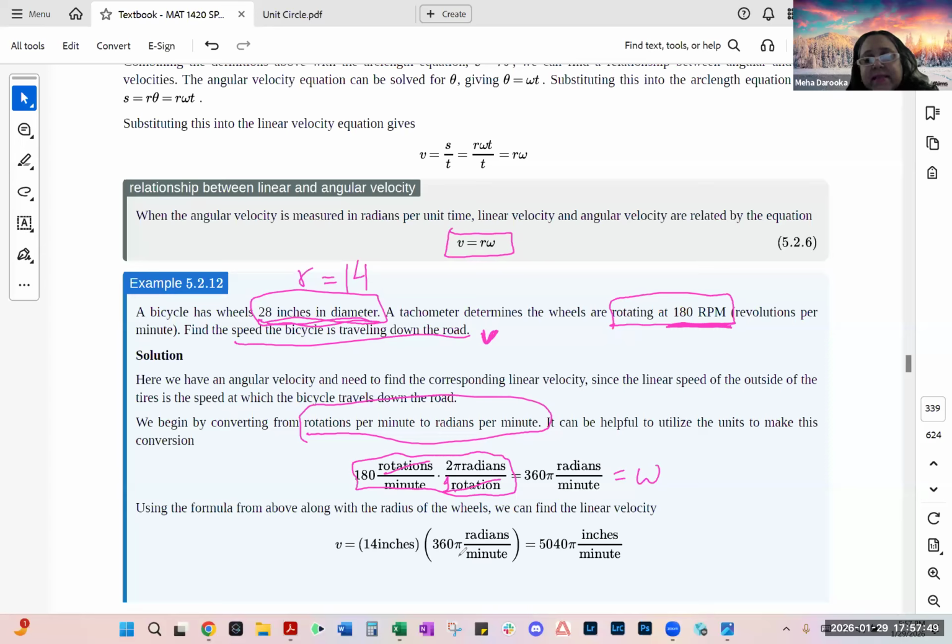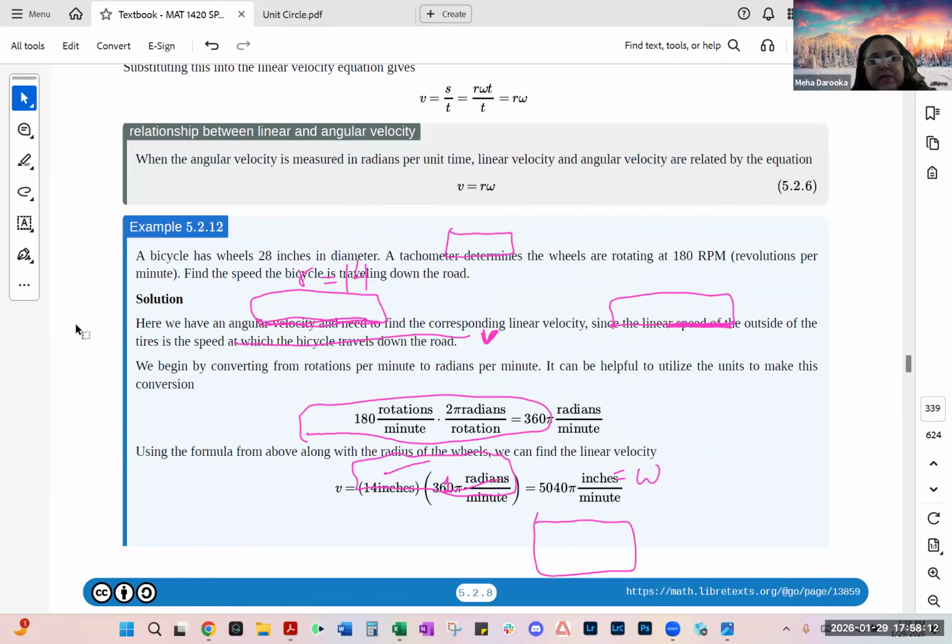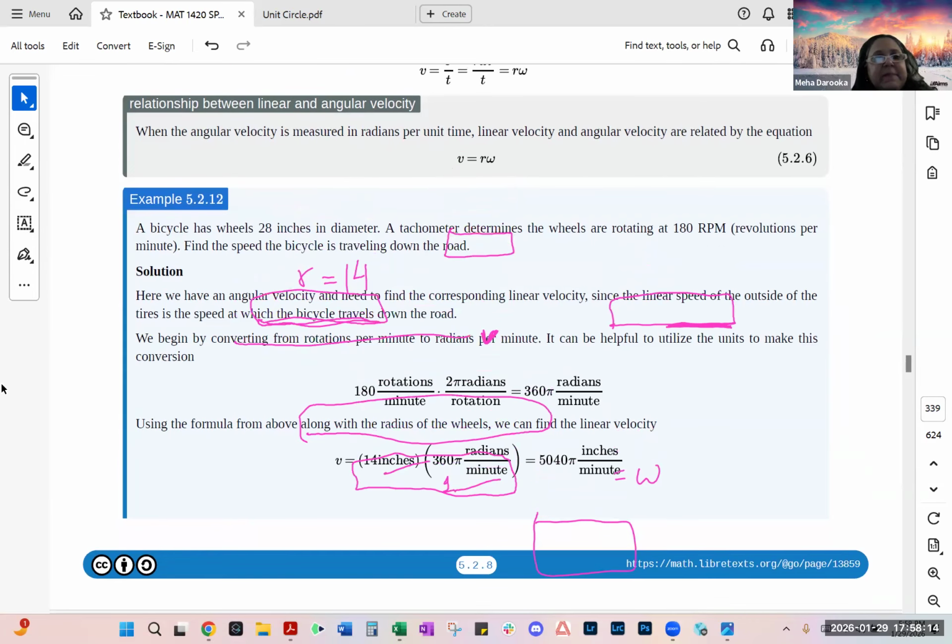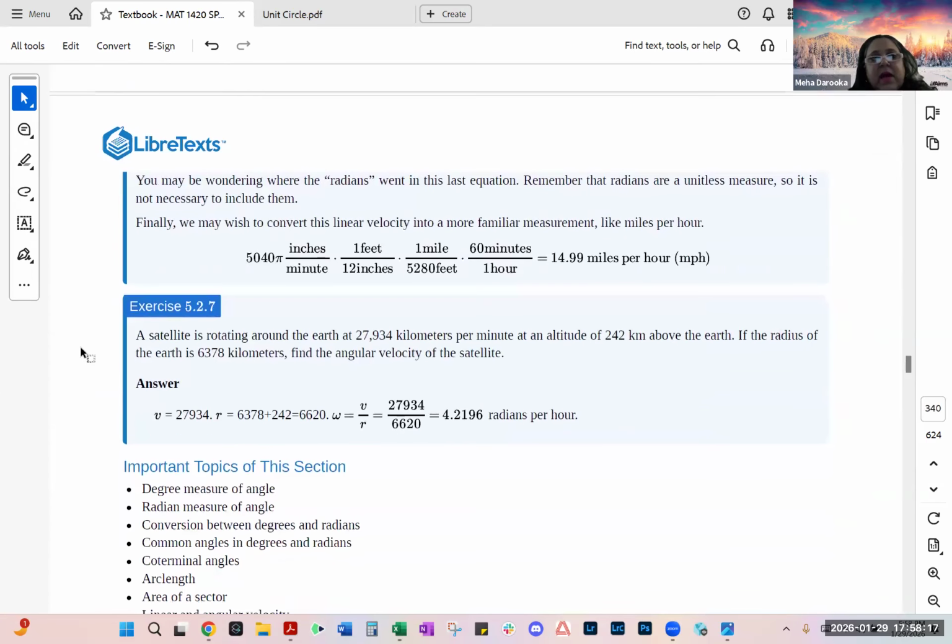In this case, you will see we went from inches and radians per minute to just inches per minute. What you need to remember is that radians is technically a unitless measurement. There is no unit for radians. It's just for our knowledge that instead of degrees, we're working with radians. So the radians just gets dropped, and you go to inches per minute.